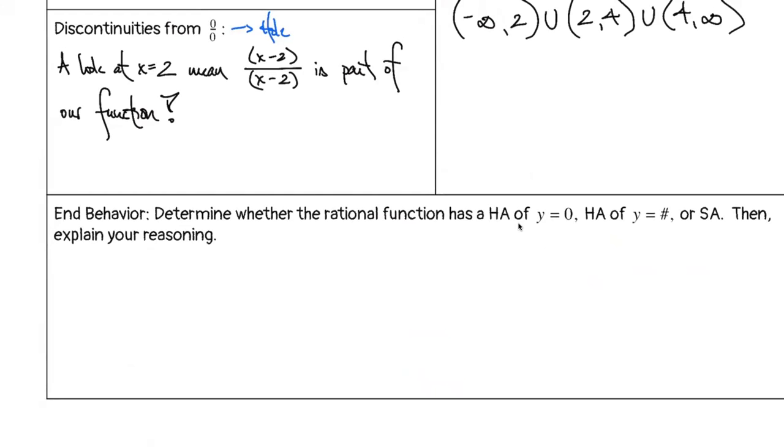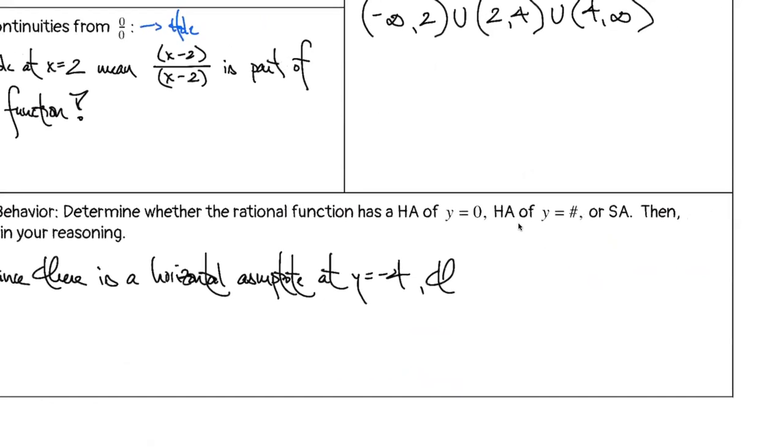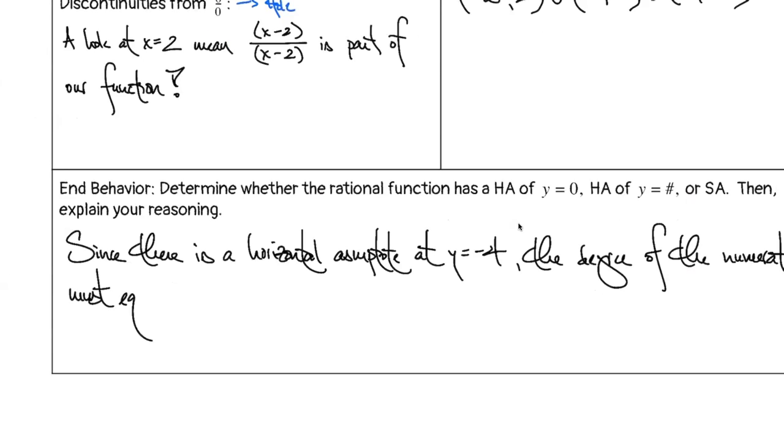And we can say this. Since there is a horizontal asymptote at y equals -4, the degree of the numerator must equal the degree of the denominator.